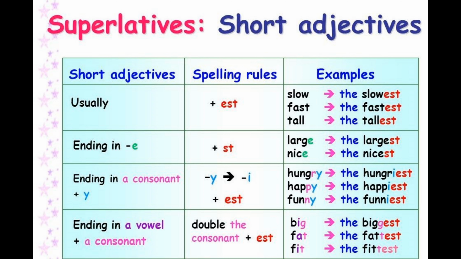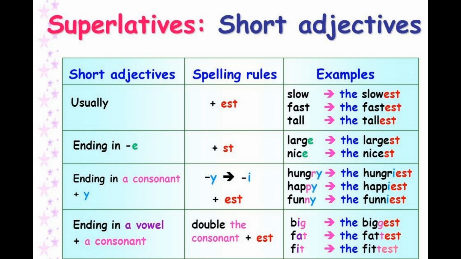If the adjective ends with e, just add st to the adjective. Like fine, it will be the finest. Wide, the widest. If the adjective ends with a consonant letter and before it a vowel letter, like in comparative, we double the final consonant letter.